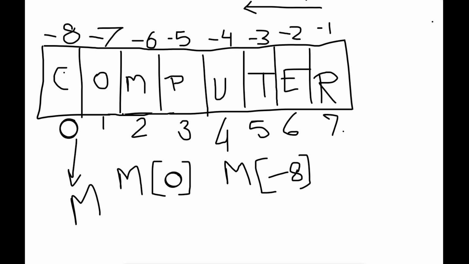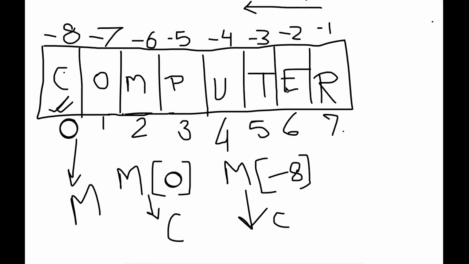When I write m of 0, that means it is referring to the character C. So this is a string, and the 0th index is C. And then m of -8, if we write within the subscript, this square bracket is known as a subscript, if we write -8, then it will give the same, that is C.